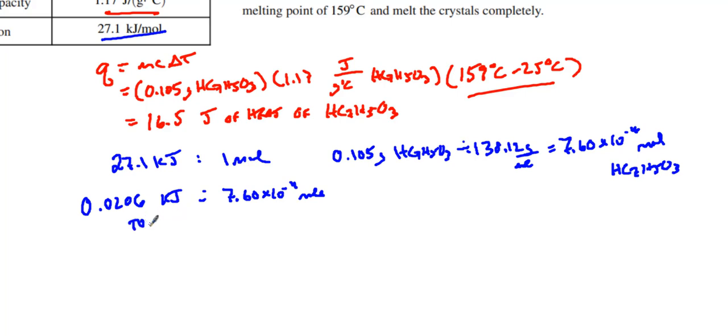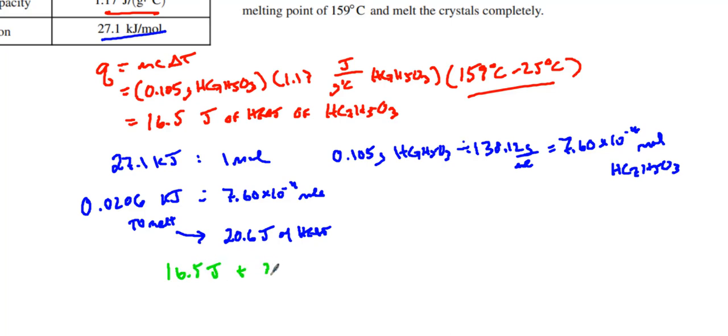That's to melt it, okay, when we're at this 159 degrees Celsius. Which is, if I multiply by 1,000, I get 20.6 joules of heat to melt. Okay, so at the end of the day, what do I have to do? I have 16.5 joules of heat to raise it from 25 to 159.